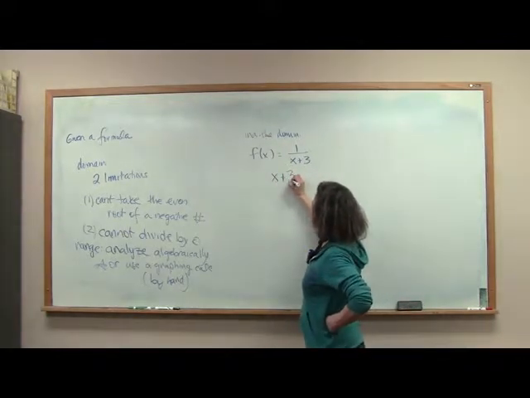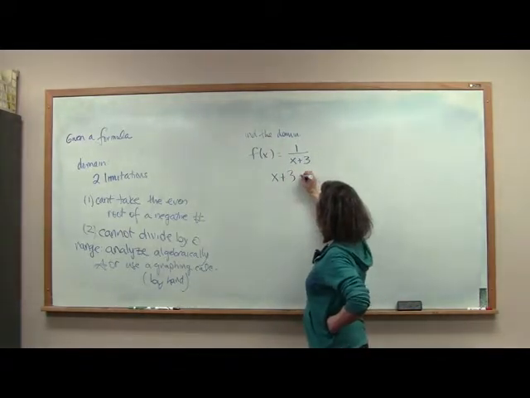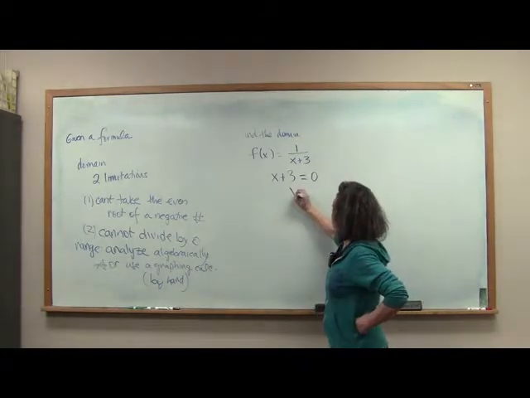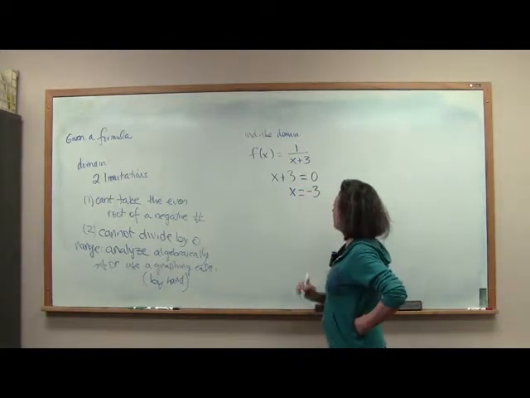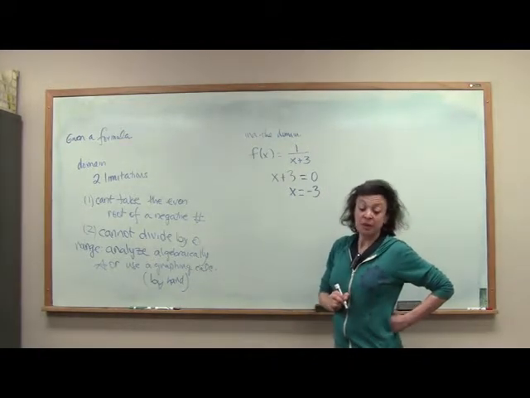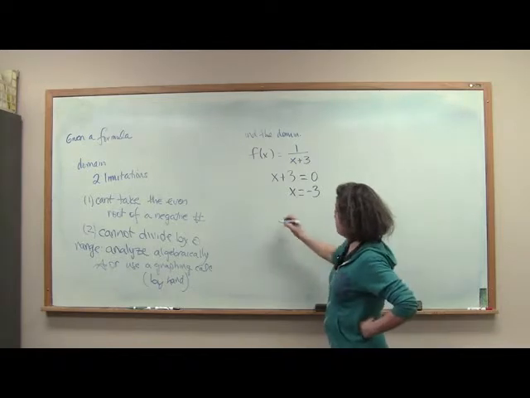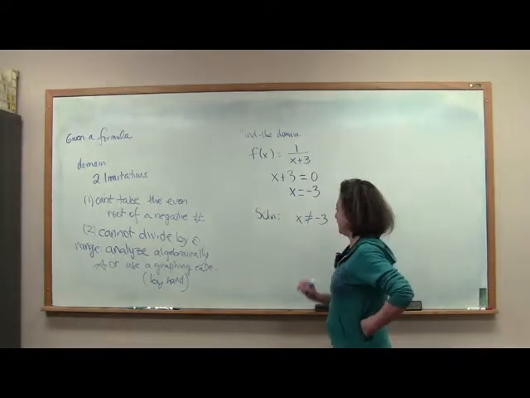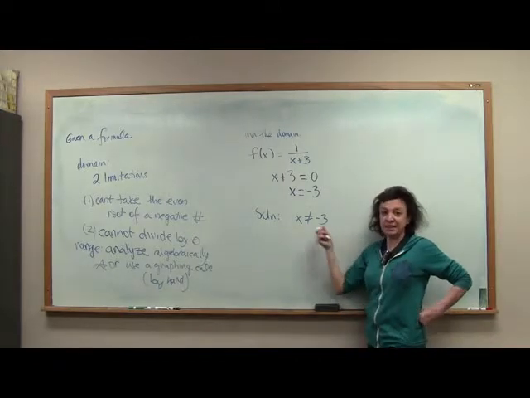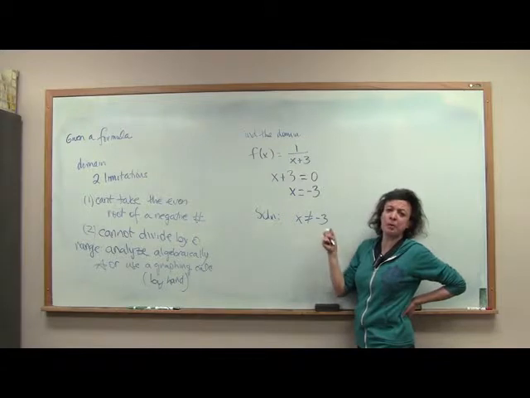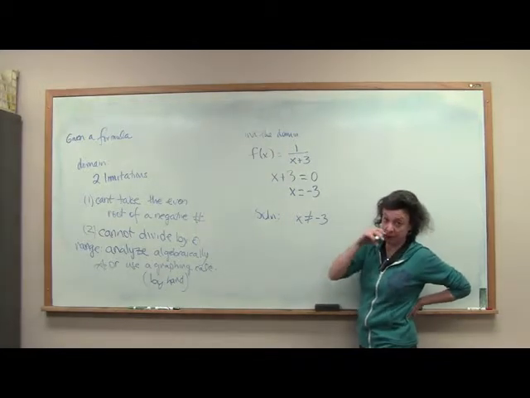So what I would do to find my domain is I would set my denominator equal to 0. And I think you will grant me that's where x is -3. Okay? So what I would say is my solution, if I wrote it, would be x can't be -3. Implicit in saying this is we're saying it can be any real number except negative 3.